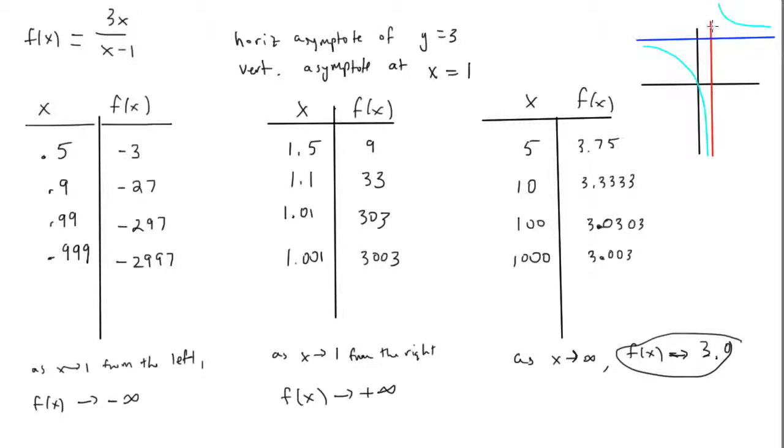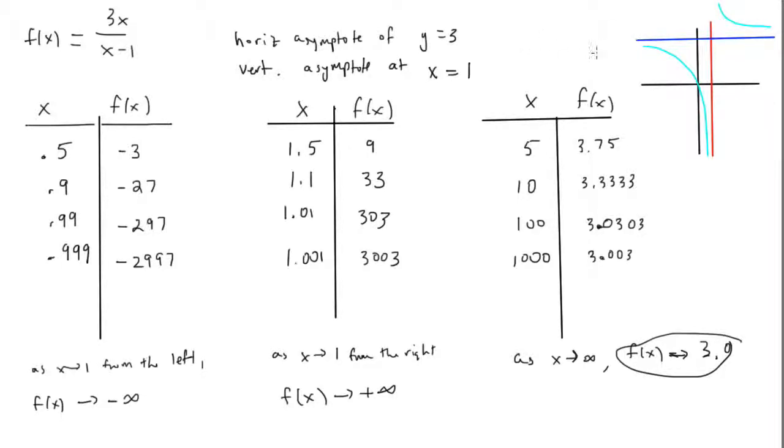Well, on this side of the red line, the x's are slightly bigger than 1, and the behavior should be that we go up to infinity. That was what we saw in the middle batch of numbers. As we approached one from the left, so that would be this batch, the y values are nosediving down towards minus infinity, and then for very, very large values of x, we said it should settle down on 3, so it should go towards the blue line.